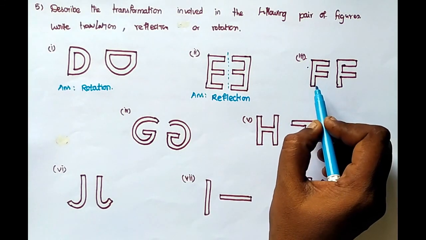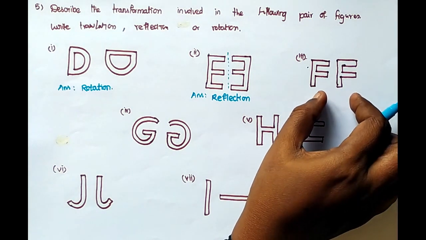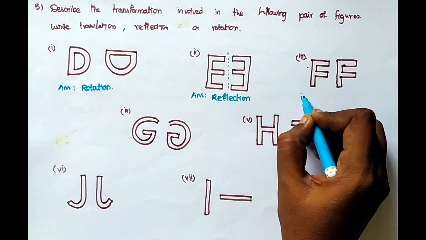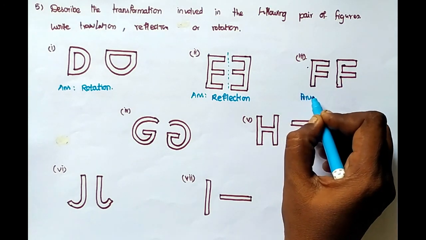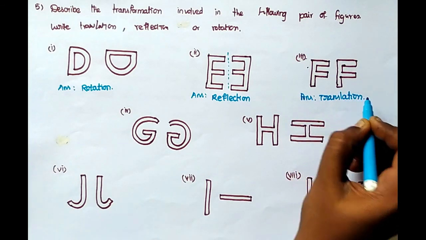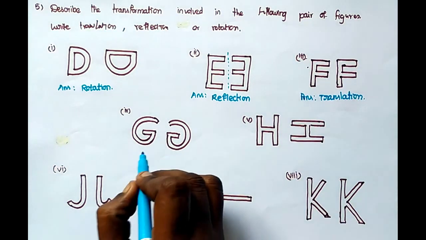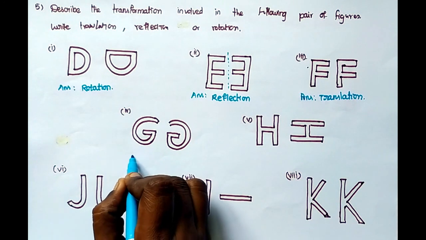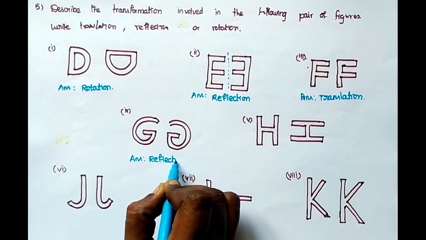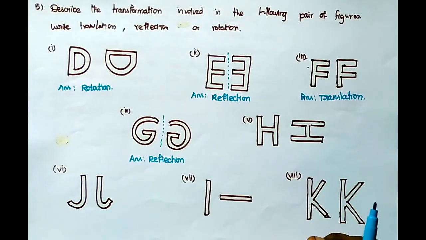Next, F is move some distance. So that is translation. Answer: translation. Next, listen. G is reflected, so it is reflection. These are all reflection.